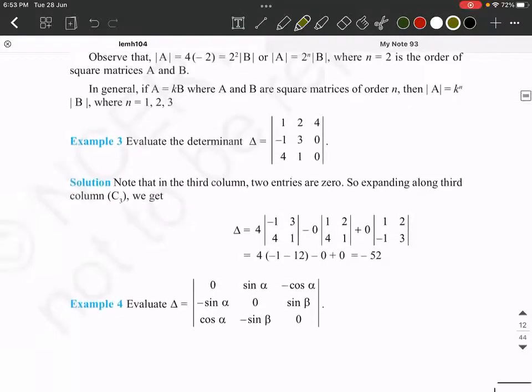So solve example number 3. Evaluate the determinant. For each problem, take only 2 minutes. Do it fast.